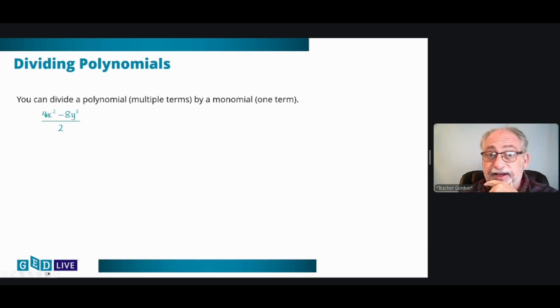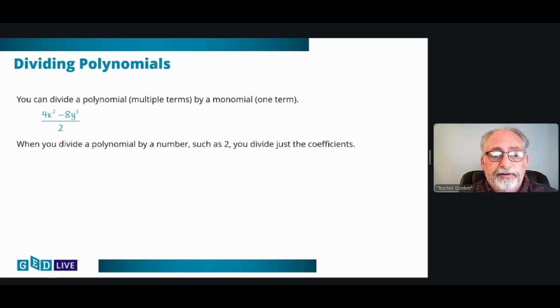So we can divide 4 by 2, and then we can divide the 8, or technically it's negative 8, by 2 to simplify. And I can separate those two pieces out on the top. So this is the same as 4x squared divided by 2 minus 8y cubed divided by 2.